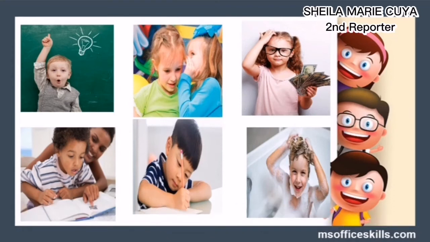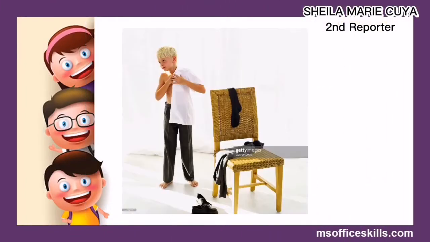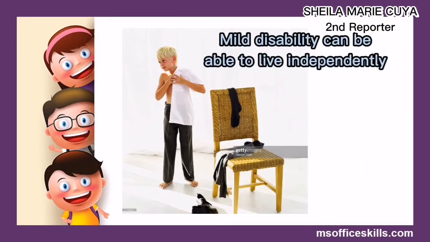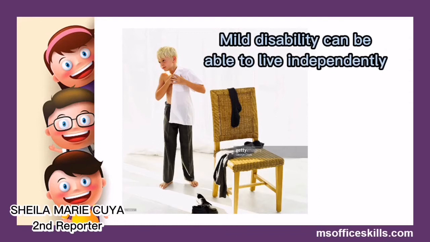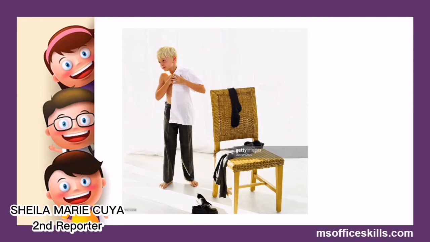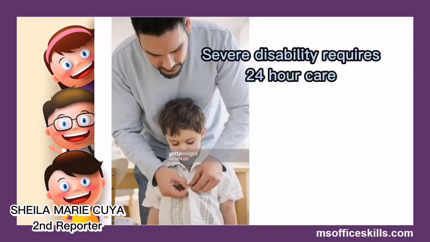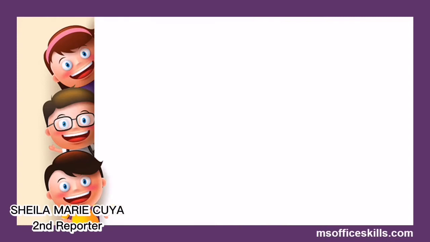Some people are born with disability, whereas others may develop one as a result of an accident or illness in childhood. Types of learning disabilities differ hugely. Someone with mild disabilities may be able to live independently with minimal support, whereas someone with severe and profound disabilities may require 24-hour care and help with performing most daily living skills.